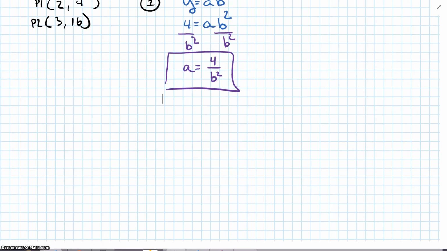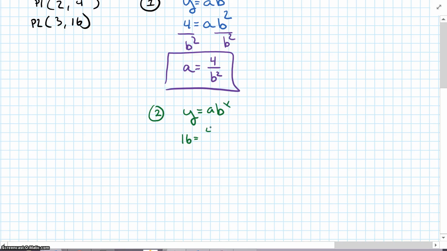Second step, go back to the original equation, y equals ab to the x. Use our second point for x and y. 16 equals, but instead of using a, we're going to use our new function, 4 over b squared times b cubed.